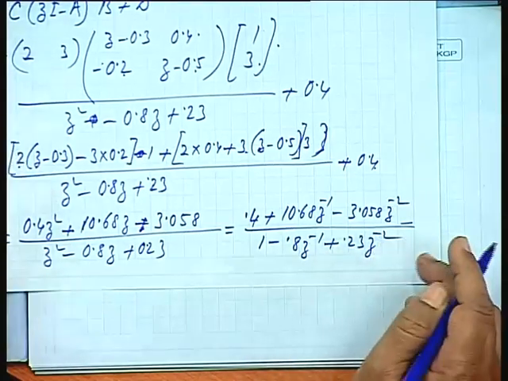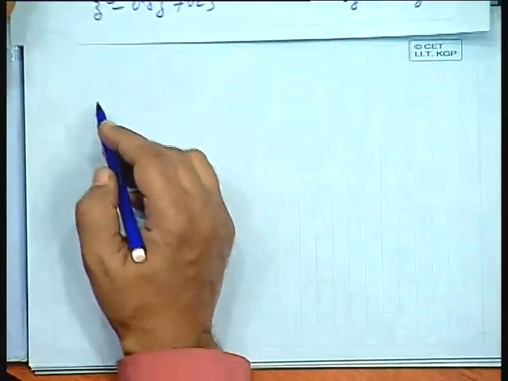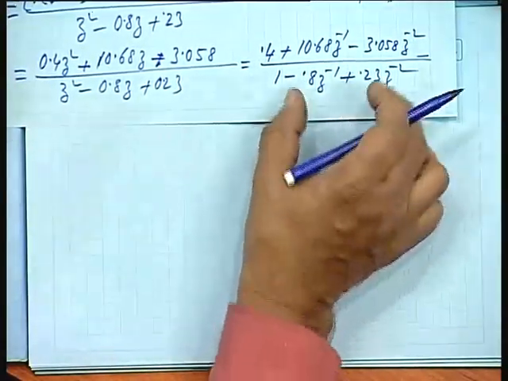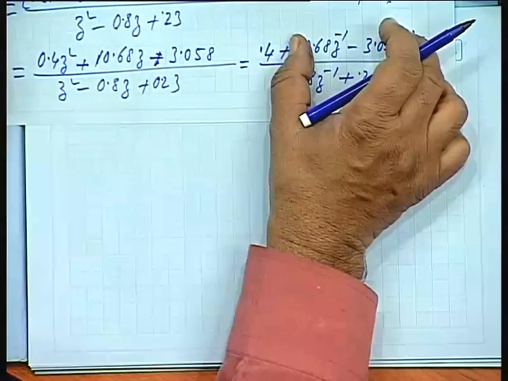Okay. So, the difference equation from here comes out as, this is equal to Y by X, is it not? So, Y multiplied by this will be X multiplied by this.